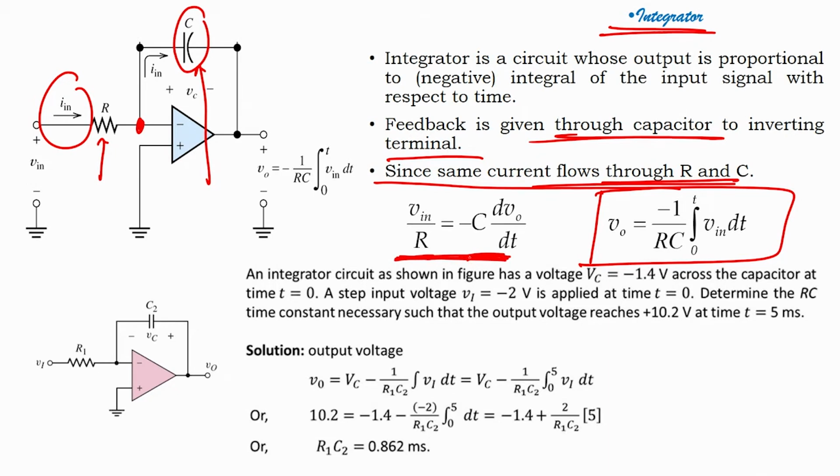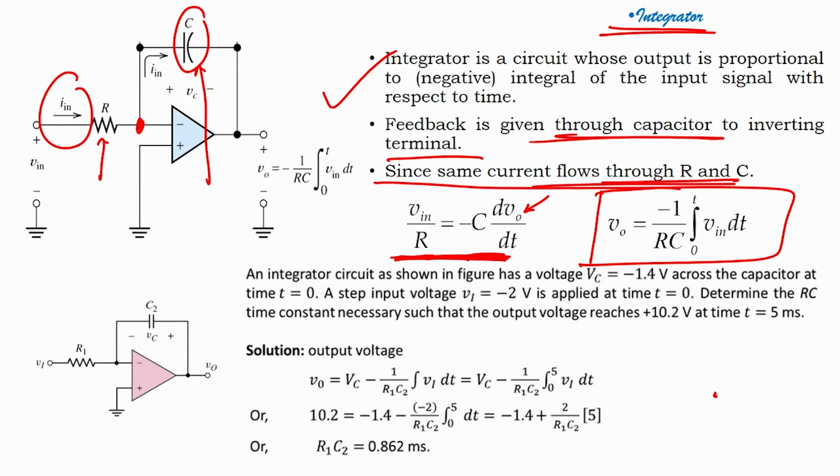We integrate minus 1 by RC into V in dt from 0 to t. So, to derive the equation of VO, I can have the integration of minus 1 by RC, into 0 to t V in dt.